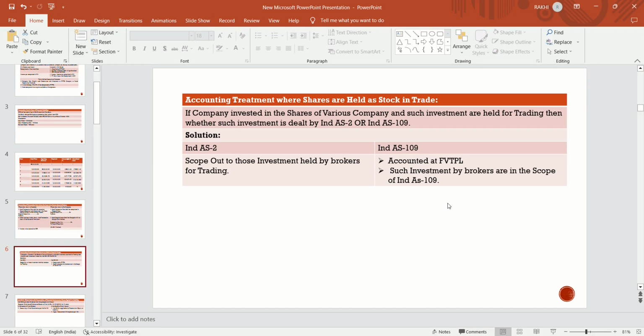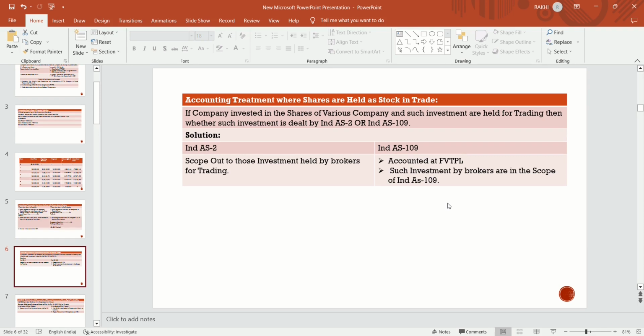But Ind AS 109 says that if any investment is made by a broker for trading purposes, then such transactions are accounted for as per Ind AS 109 at fair value through profit and loss, because such transactions are held for trading and held for derivatives. And since it is done by the broker, it should be recognized at fair value through profit and loss. Such investments by brokers are in the scope of Ind AS 109.